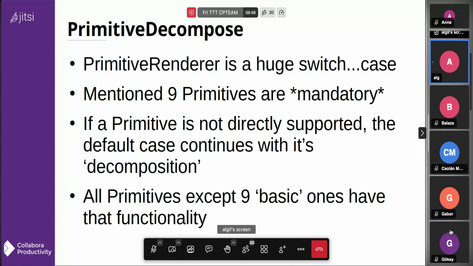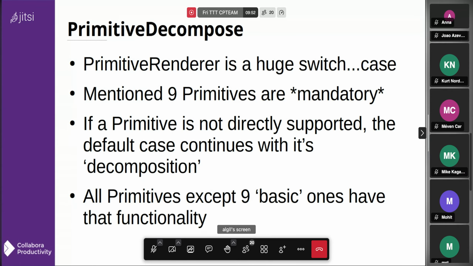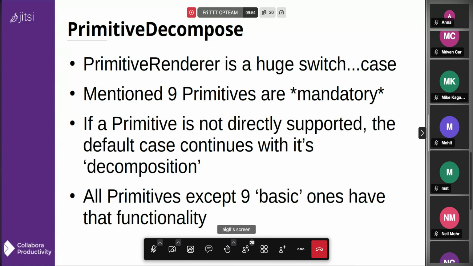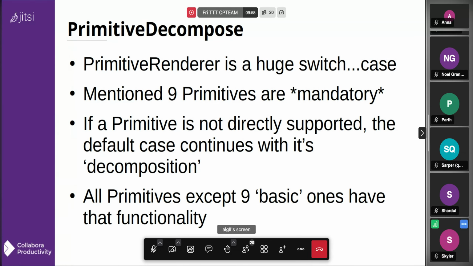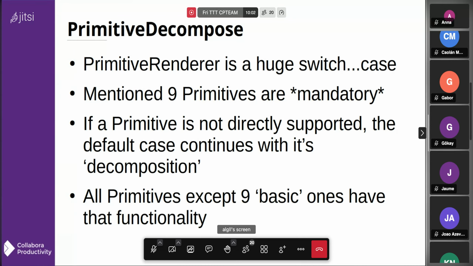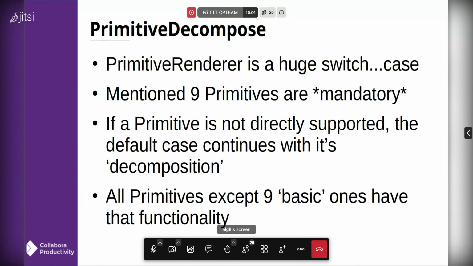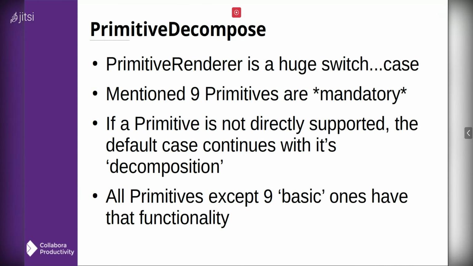If a primitive is not supported, the default case of that switch continues with the decomposition fetched from the unknown primitive. This allows you to write or add any kind of primitives as long as you provide a decompose implementation, and all existing renderers can render your new primitive.